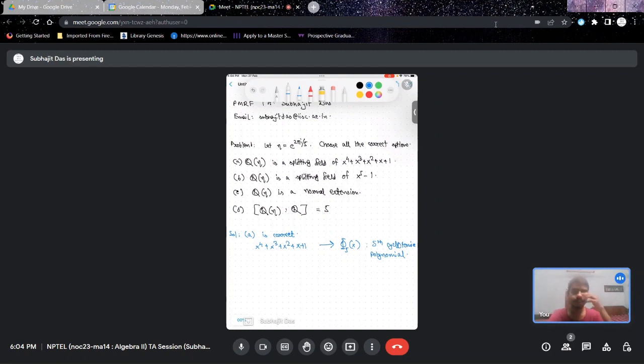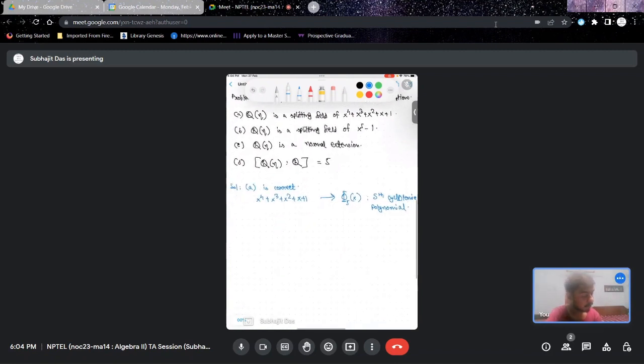Which means that this is just the polynomial over Q whose roots are precisely all the primitive fifth roots of unity. Now the number of primitive fifth roots of unity will precisely be the number of generators of the cyclic group Z5, which is phi of 5, Euler's phi function applied on 5, which is 4, which suggests that the fifth cyclotomic polynomial should have degree exactly 4.